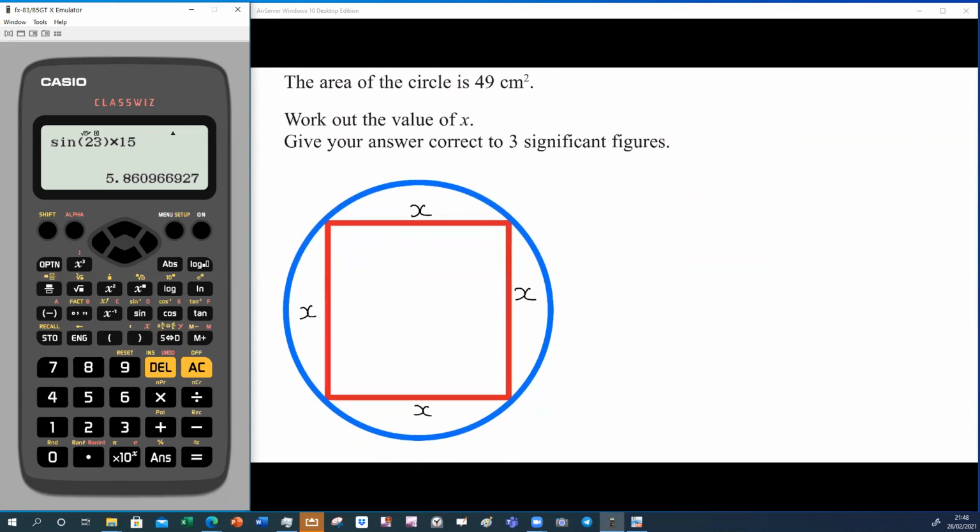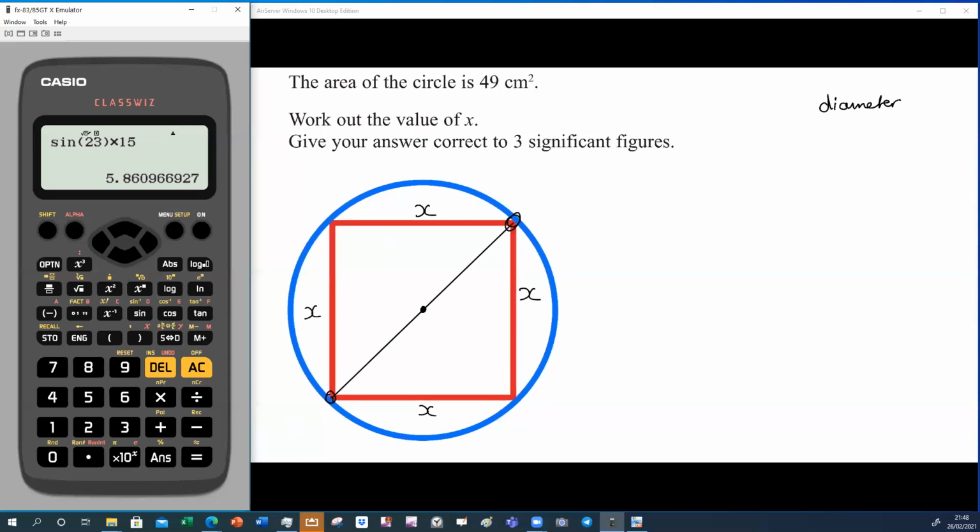Now, can you tell me what goes from here to here? That line's called the diameter. And if I do a halfway house, what will it be called then? The radius.